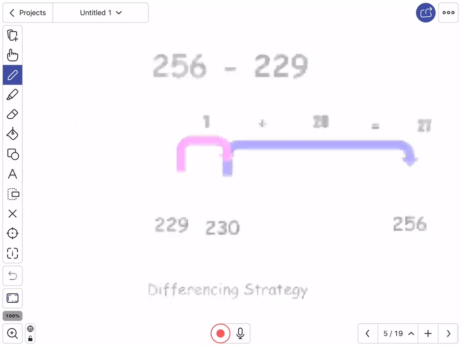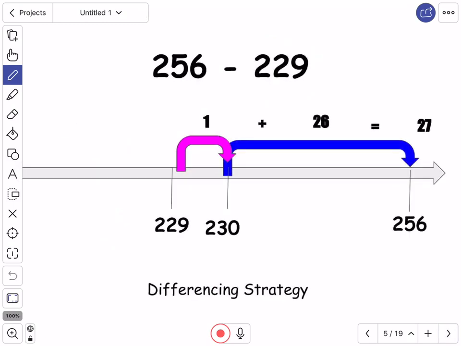All right, let's take a look at the next problem now. And that one is 256 minus 229. So same problem, but now I'm showing you the differencing strategy that we also talked about yesterday. With this one, you essentially start with 229, and then this is the one where you want to get to that solid number that we were talking about of 230.